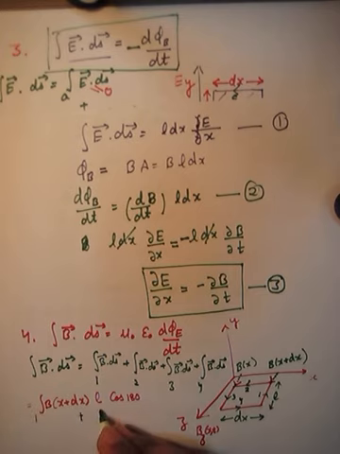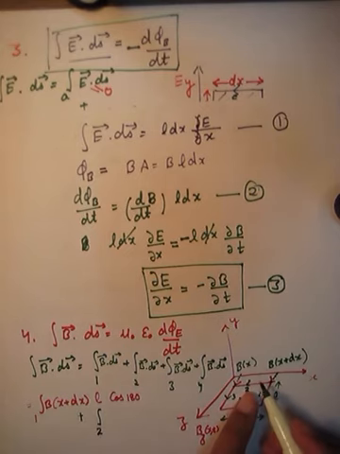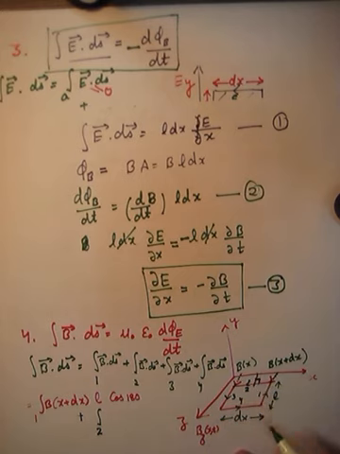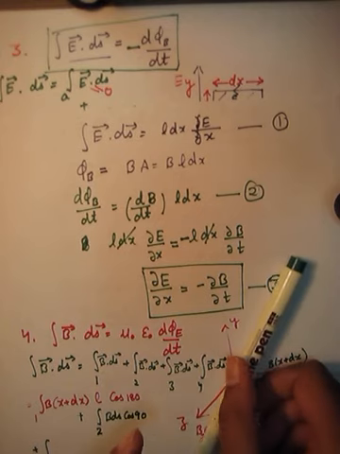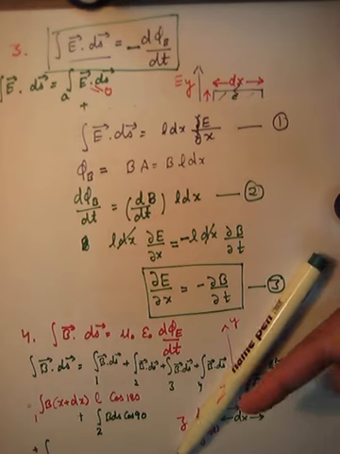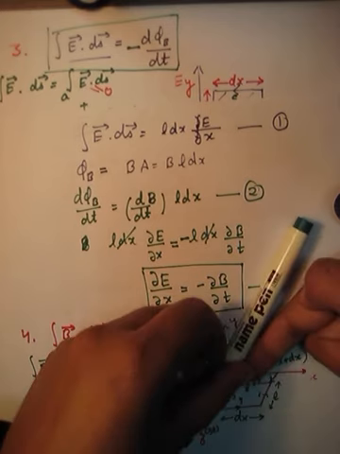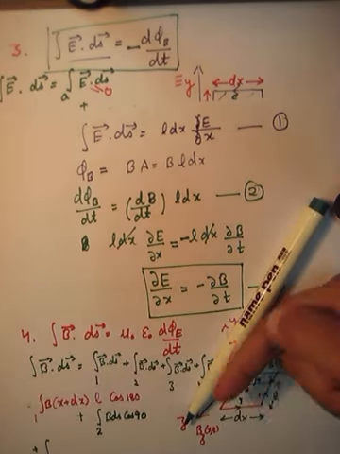Then let's talk about length 2. For length 2, you know that the magnetic field is perpendicular to length, so it will be B ds cosine of 90. Integral of 3. So for 3, the length is along positive z direction, magnetic field is also along positive z direction, so both of them are in the same direction.